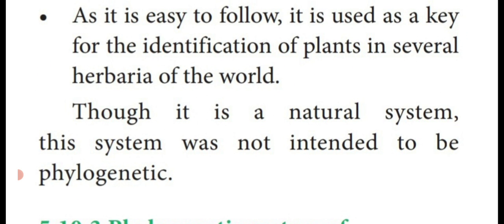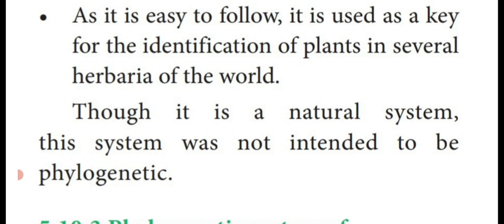This system also shows certain disadvantages. Even though they collected characters or taxa from the natural environment, they did not include the evolutionary character in their classification. So that's why it is given in the last line: this system was not intended to be phylogenetic.